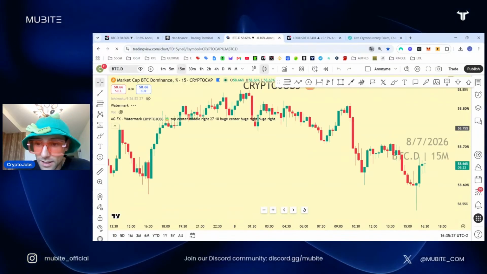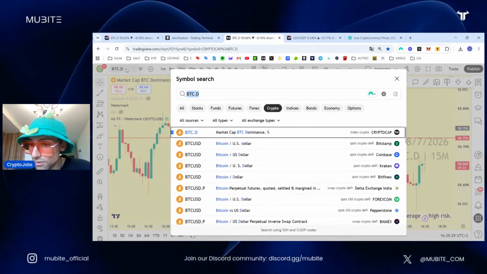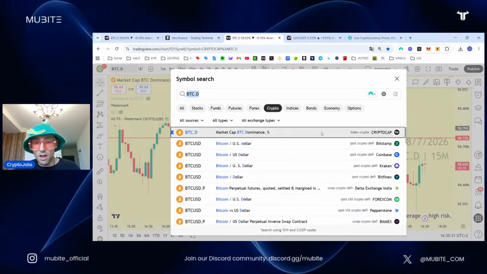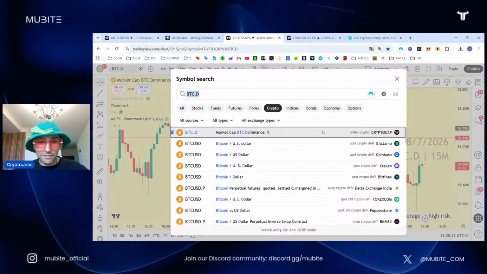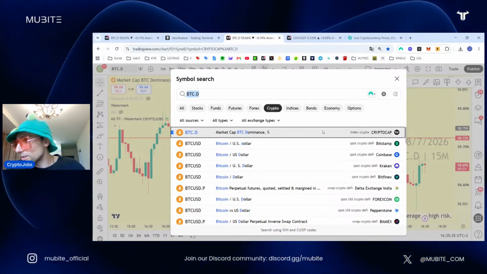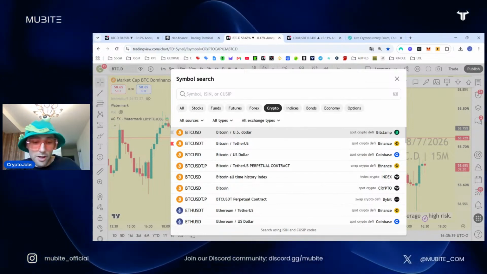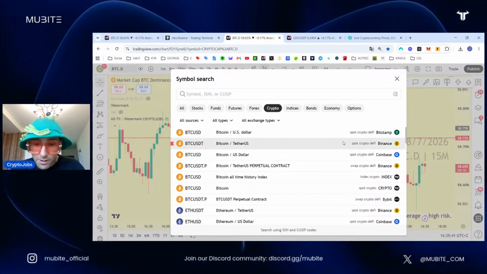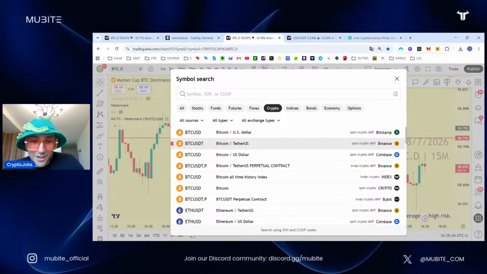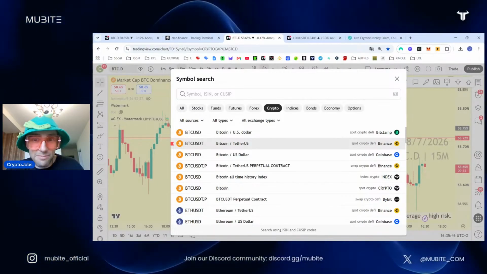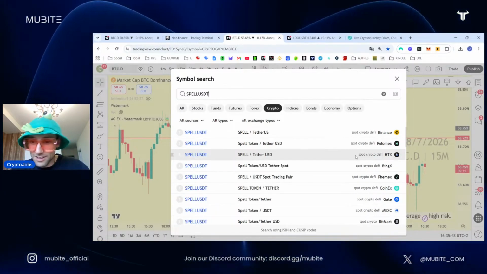If people claim that they have a 100% success rate in their courses, you can just cut and leave. This is not possible, because why would the guy sell you a course if he claims that he has 100%? It would mean that he has a money printer and he can print all the money he wants. Why would he need your money? So you see what I mean? So Spell USDT.